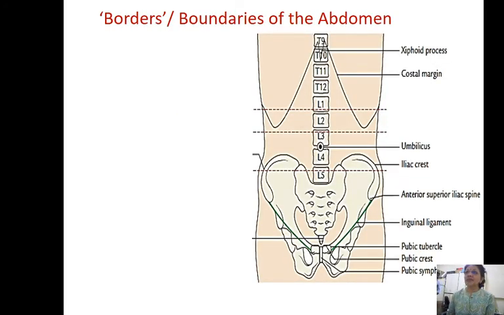Alright. Sorry. So you've already seen the thorax, and in the thorax we had a bony rib cage, costal cartilages over here, and we had ribs, 12 pairs of ribs, and in the midline we had a xiphoid process.